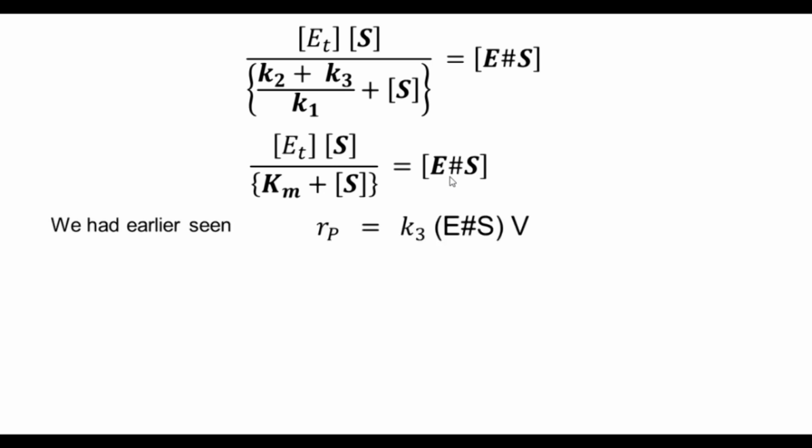And we had earlier seen that the rate of product formation in terms of a mass rate is K3 into ES into the volume. You can go back and check that equation.